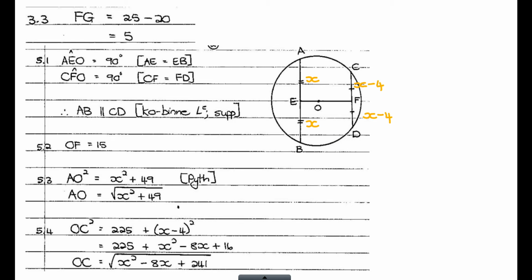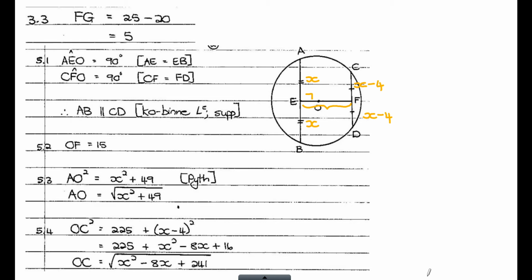Then EO is 7. Met ander woorde, daai klein stukkie is 7, né? En EF, the full one, is 15. Ja, EF is 22. Daai hele een is 22. So if the full one is 22, how much would OF be? 22 minus 7.